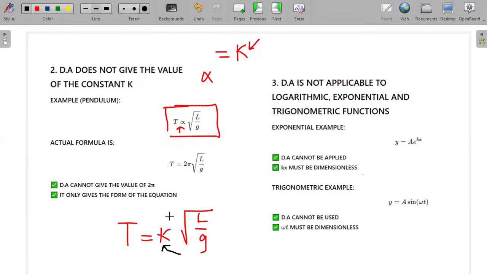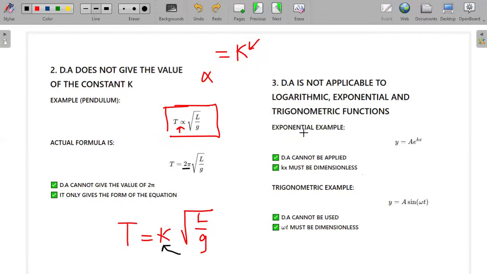Now using dimensional analysis, you cannot know the value of this constant here. You can only know the value of the constant if you carry out some experiment. The value of the constant in this formula is 2 pi, but we cannot find it directly using dimensional analysis. Instead, we use experiments to find this. So that's another limitation. And then the third one that I talked about: dimensional analysis is not applicable to logarithmic, exponential, and trigonometric functions.